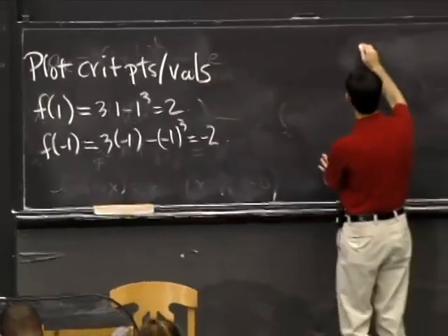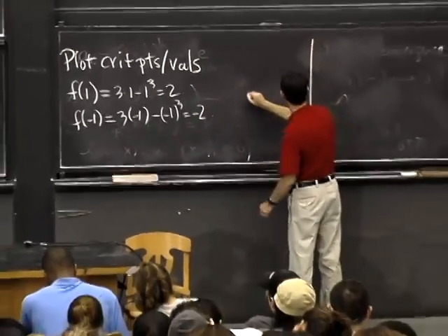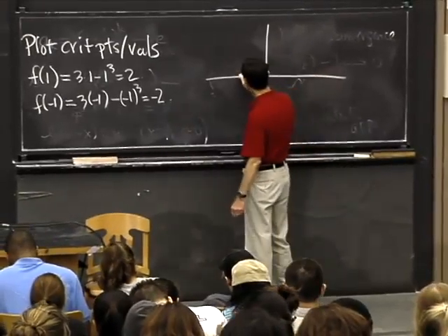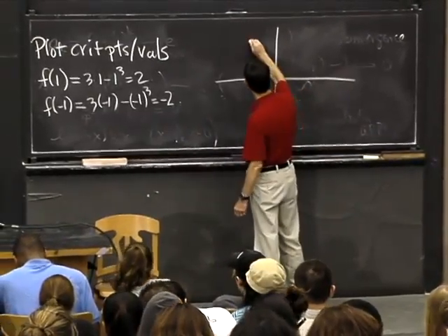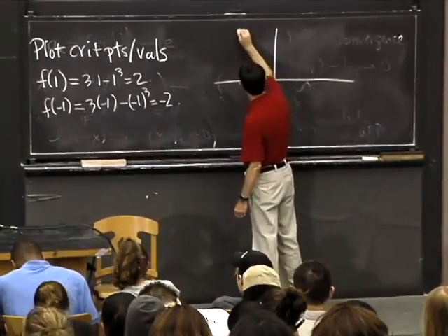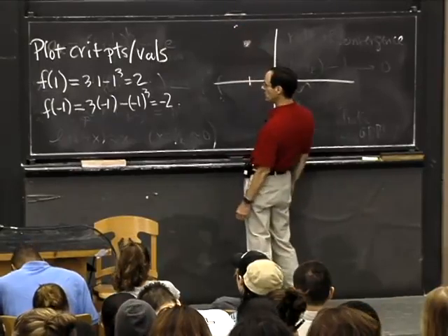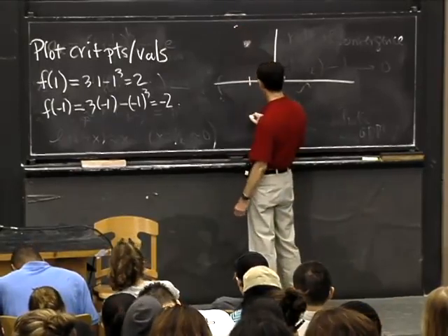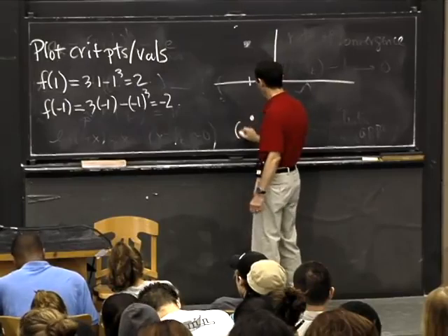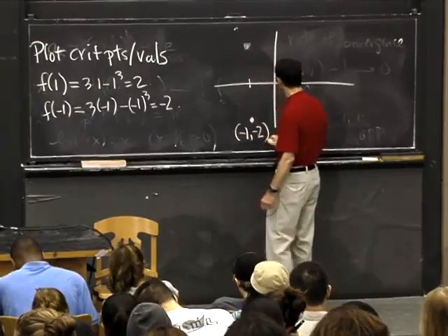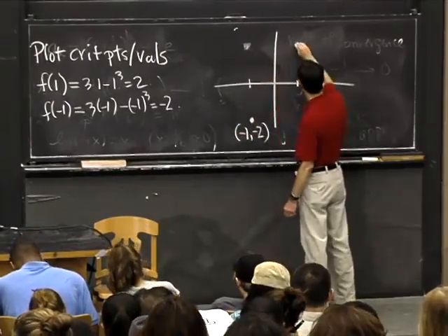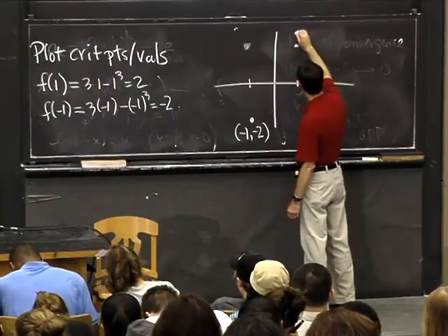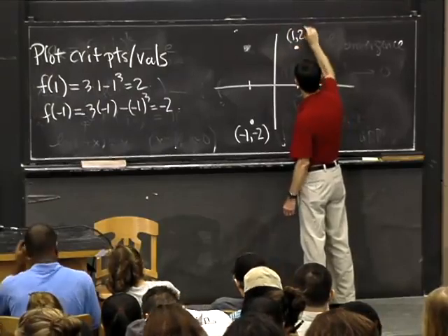And so I can plot the function here. So here's the point negative 1, and up here is 2. So this is, whoops, which one is it? Yeah, this is negative 1, so it's down here, I guess. So it's negative 1, negative 2. And then over here, I have the point 1, 2.